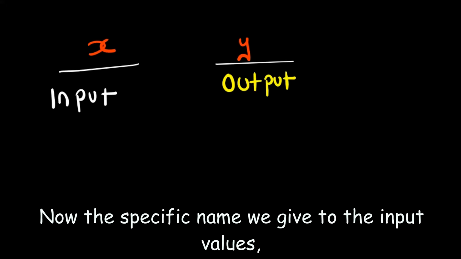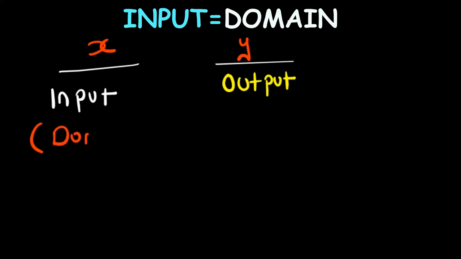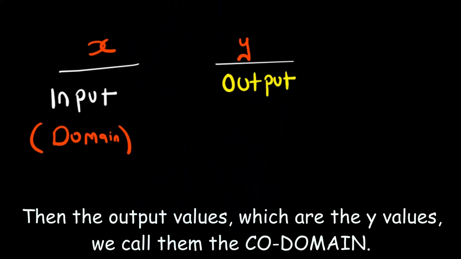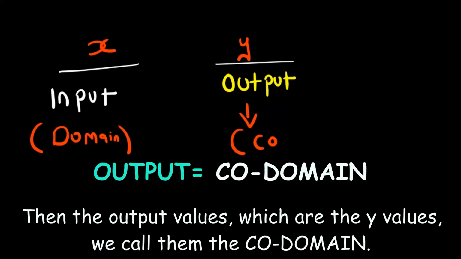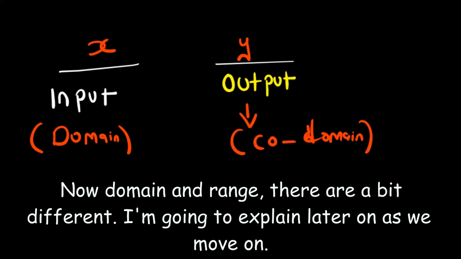Now, the specific name we give to the input values, in this case the x values, we call it the domain. Then the output values, which are the y values, we call the co-domain. Now, domain and range are a bit different. I'm going to explain later on as we move on.